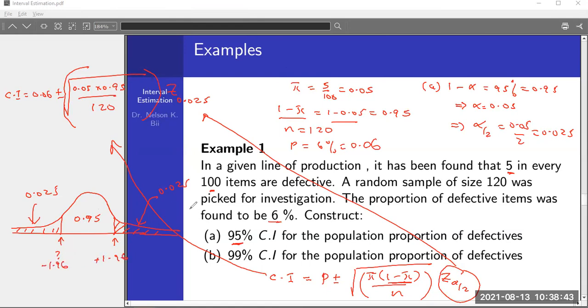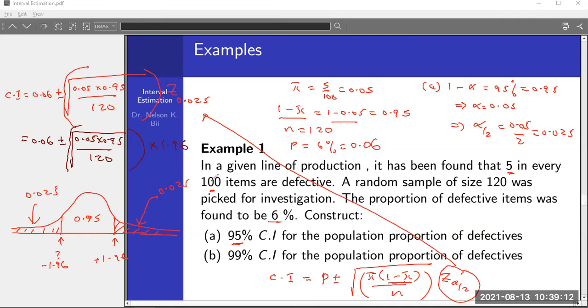So it's 1.96. So what we have now is 0.06 plus or minus the square root of 0.05 times 0.95 divided by 120, then you multiply by 1.96.